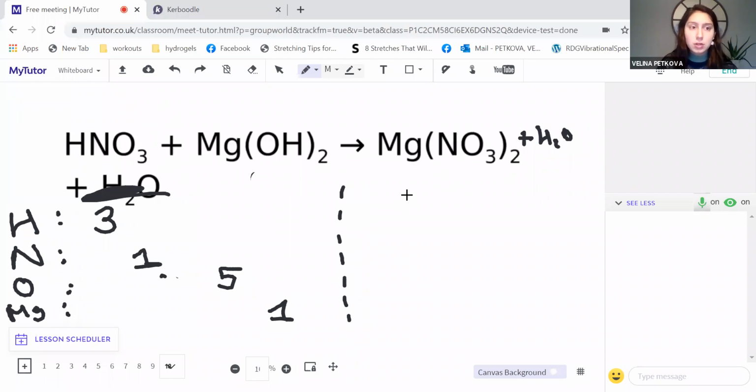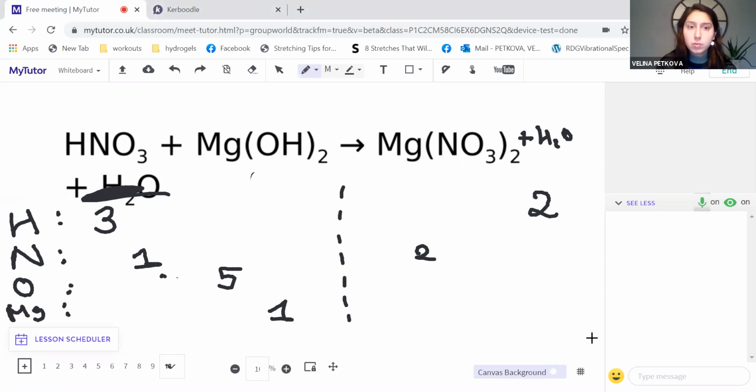Okay, now let's look on the right side then. So magnesium, so let's start with the hydrogens again. How many hydrogens do we have? We have 2 now. How many nitrogens do we have? Yeah, we've got 2 nitrogens. How many oxygens do we have?